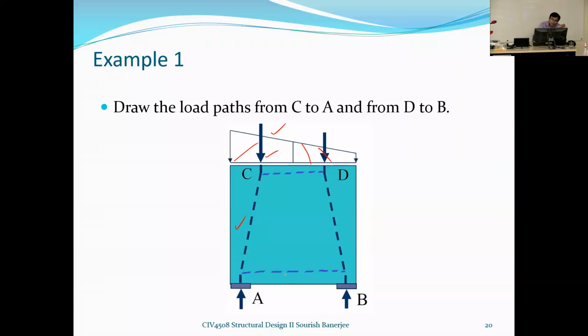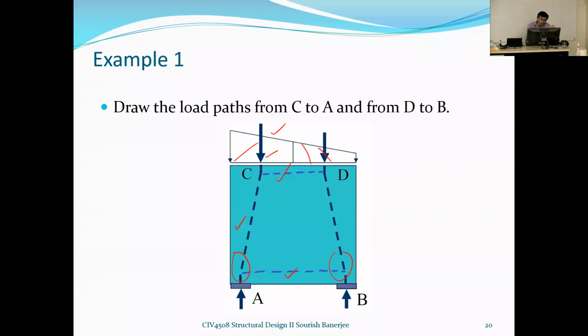And then at the next step, we add these 2 lines. I will say these are the 2 load paths we add. Why? Because the whole structure has to be in equilibrium. If you look at this joint, or even C and D, none of the joints will be in equilibrium if we do not have this horizontal member.